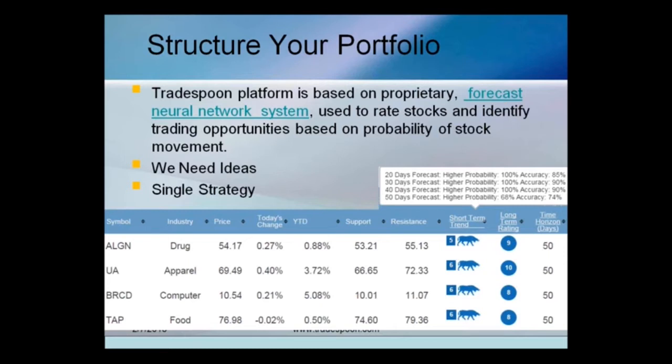Well, the difference is that our system is using neural networks, a kind of artificial intelligence, to analyze prices and earnings of all the stocks and ETFs in the past, before the earnings and after earnings, for the past 25 years, and then assign a score that you see on your screen, this long-term rating score and a short-term trend score, to see what is the best of the opportunities in the market today.